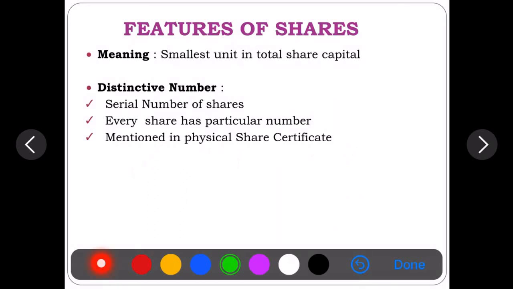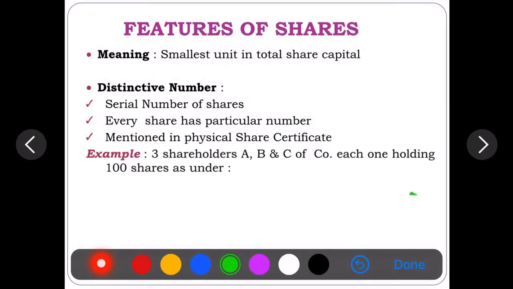Let's understand this with a small example. For example, there are 3 shareholders of a company where A is the first shareholder, B the second shareholder, and C is the third shareholder. A, B and C individually hold 100 shares. A, being the first shareholder of the company, will start having shares from number 1 till number 100.